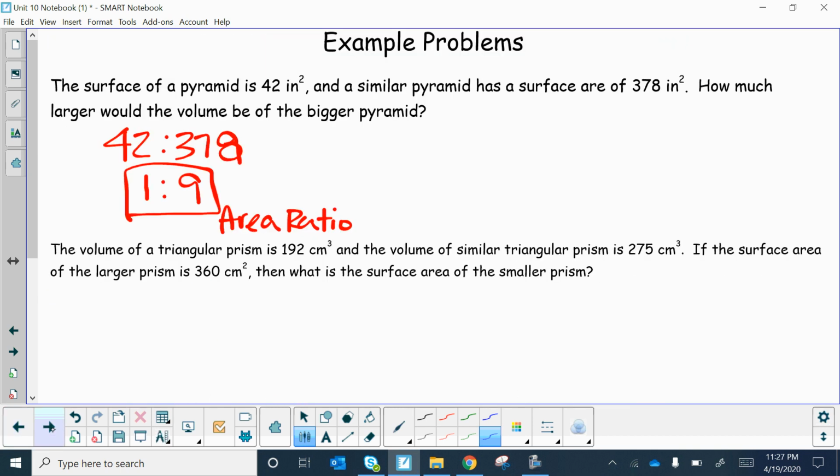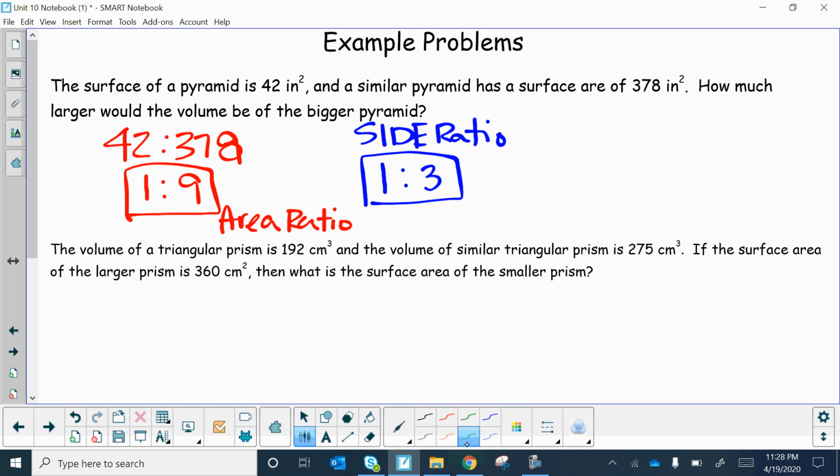So if the area ratio is 1 to 9, what would the side ratio be? The side ratio would be the square root of that. So the square root of 1 is 1, and the square root of 9 is 3. So that's your side ratio. So all the sides got 3 times bigger.